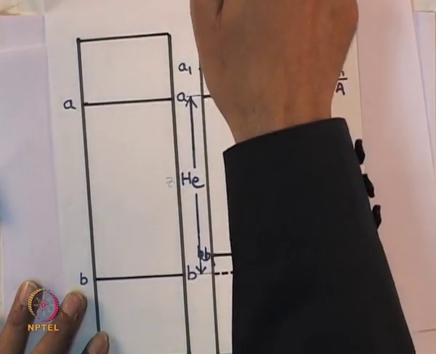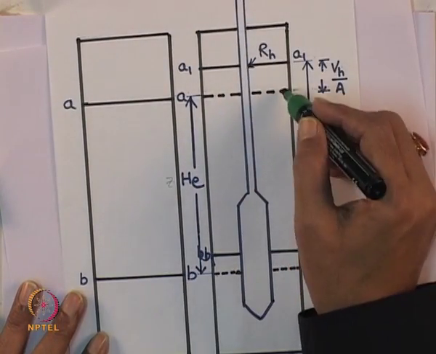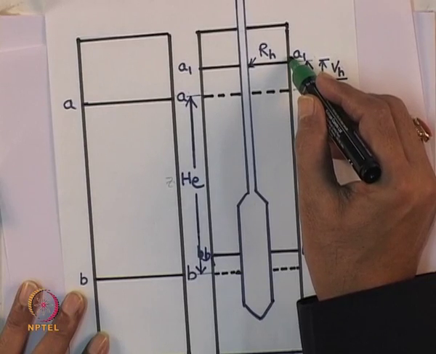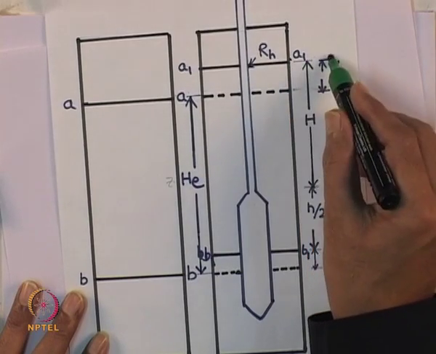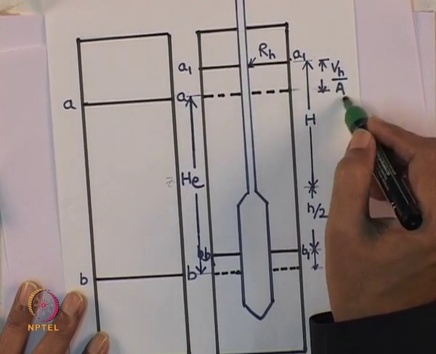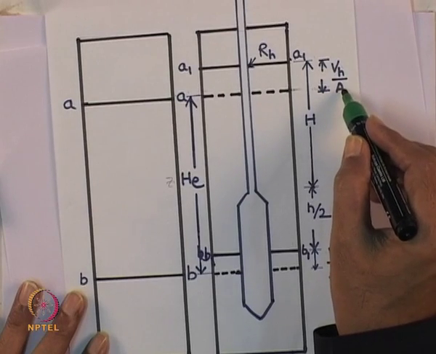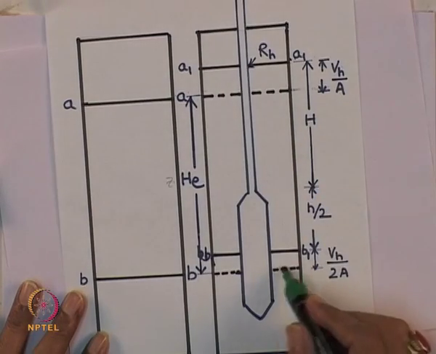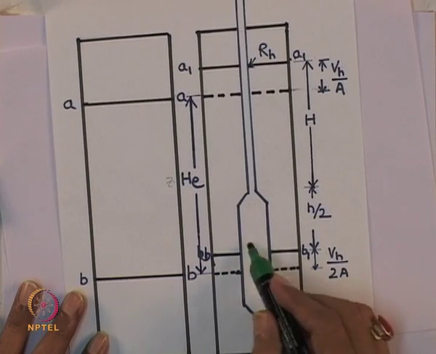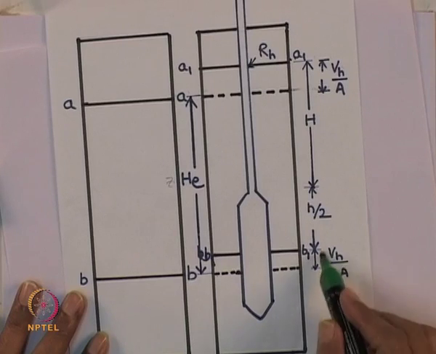Initially the hydrometer was here. Now, when you insert the hydrometer into the suspension liquid, it moves up, and this volume from here to here will be VH by A, where VH is the volume of the hydrometer and A is the cross sectional area. In the bulb, this will be VH by 2A.